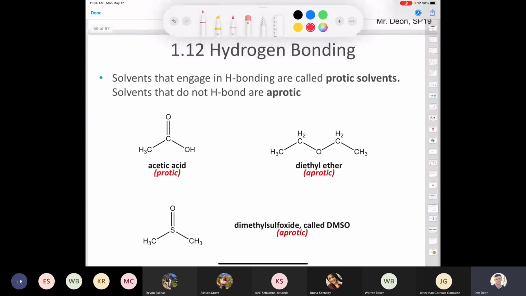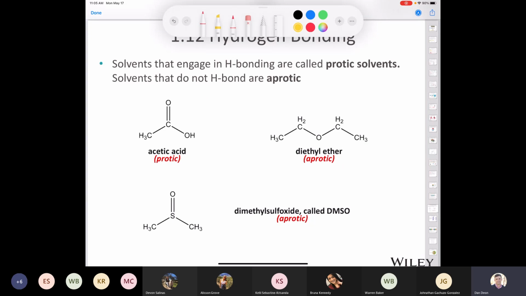Solvents that engage, and solvents, you guys know the difference between a solvent and a solute, right? Solute is the substance that's present in a smaller amount in a solution, and the solvent is the substance that's present in a larger amount. Well, a solvent that can engage in hydrogen bonding in organic chemistry, and there are lots of them, we call those protic solvents. So say, for example, your solvent was acetic acid.